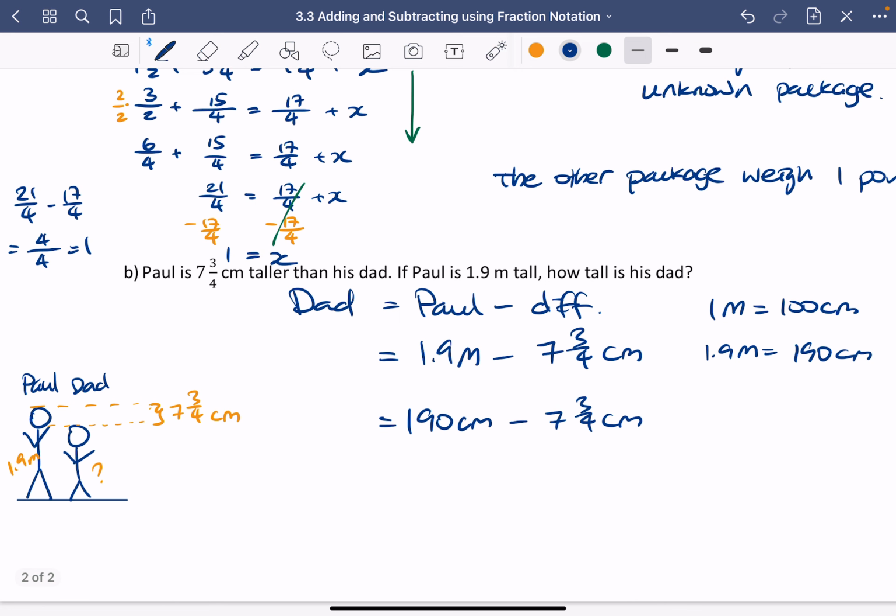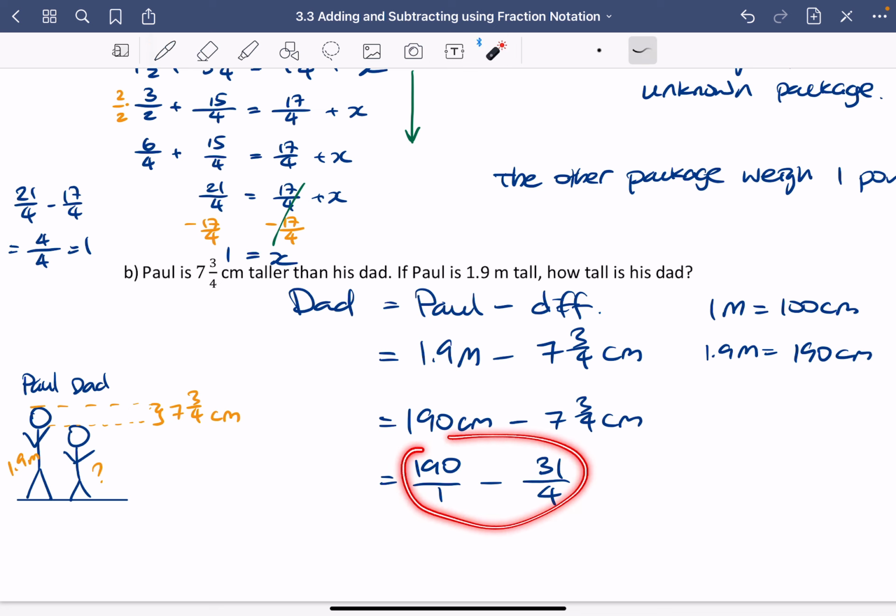Because I'm subtracting a fraction, I'll need to change that fraction to an improper fraction. So 190 centimeters, we can do 190 over 1, and then minus 4 times 7 is 28, plus 3 is 31. So I have 190 over 1 minus 31 over 4.